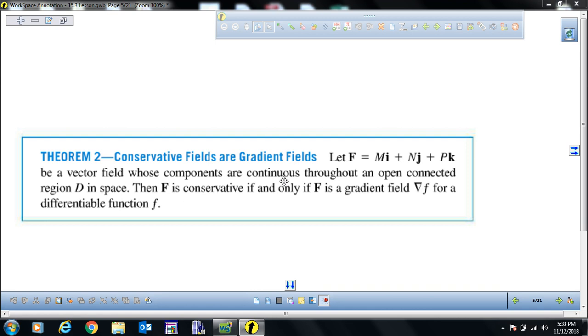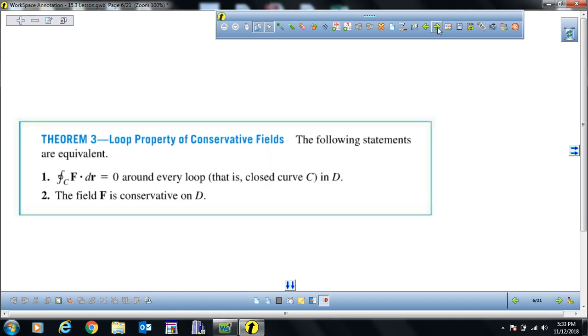Then F is conservative if and only if F is a gradient field, the gradient of f for a differentiable function f. Let's go through these definitions and apply them to the problems in just a bit.